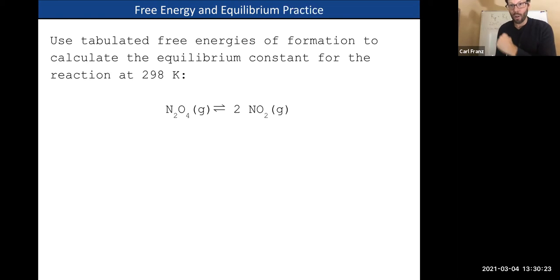So get to that good old Appendix G in your textbook and use that to calculate the equilibrium constant for the reaction at 298 K. You look up those standard free energies for nitrogen dioxide and dinitrogen tetroxide, and you do products minus reactants to give you your delta G, and then you plug in R and the temperature, K as in Kelvin, and then you have everything you need to solve for K.